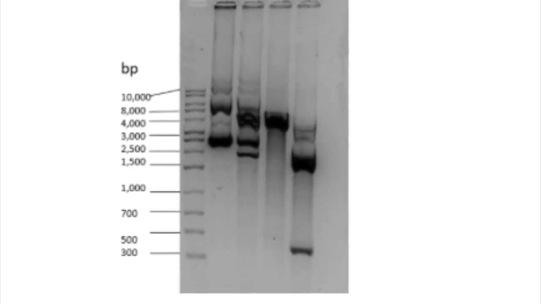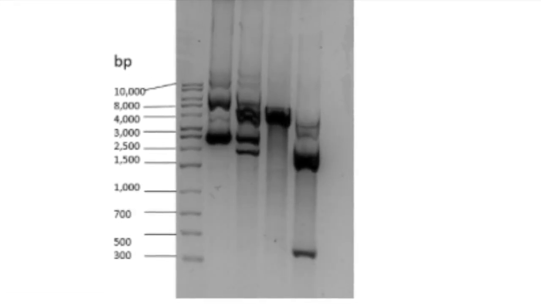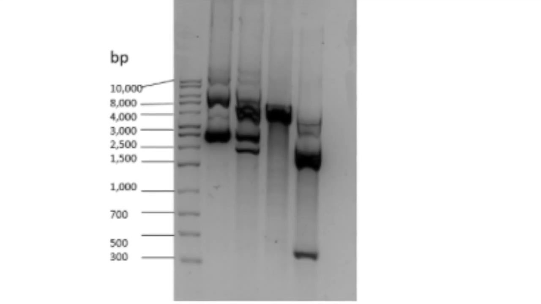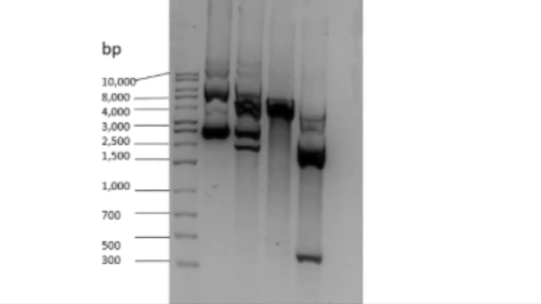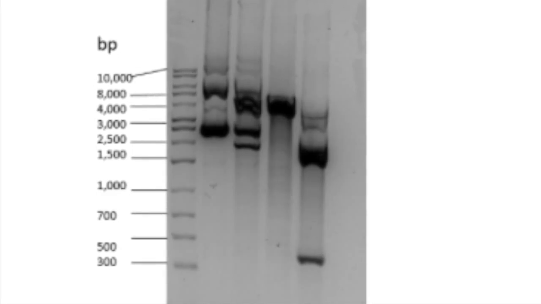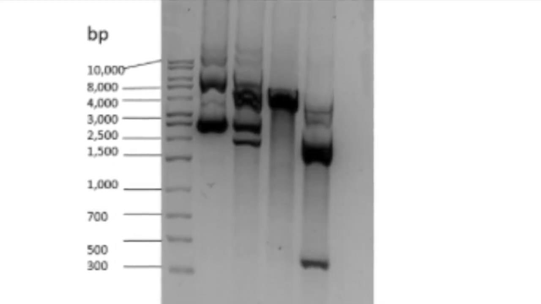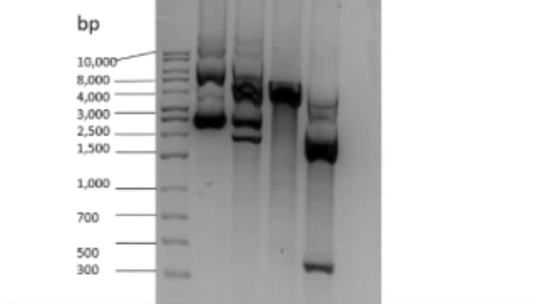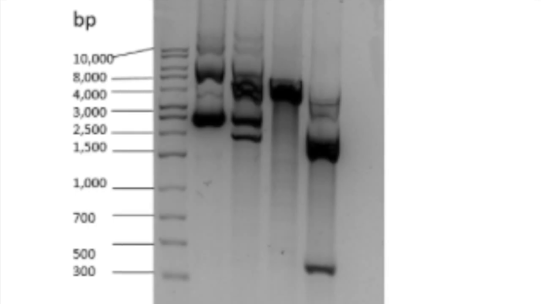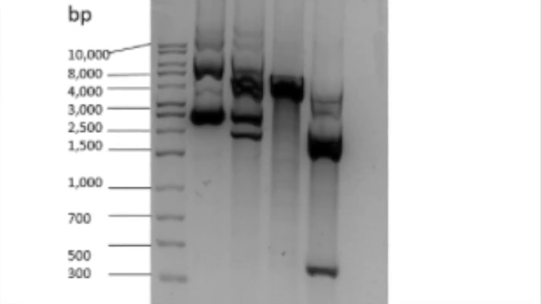In the third lane, there are more bands than in the original plasmid, which is the second lane. In the fourth lane, there is only one remarked band. And finally, in the fifth lane, there are some other marked bands and one band that is at the bottom of the gel.